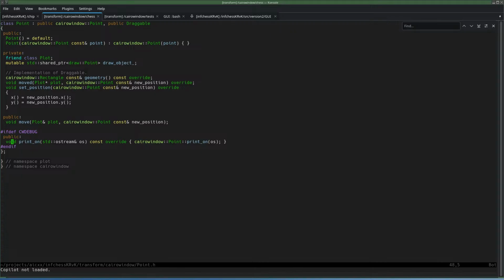Yep, can no longer rely on the base class, because it doesn't exist. Or I could have a cairowindow point anyway. And then add and print on to that. I have to actually, or yeah, no, not really. I could define an OStream operator directly.